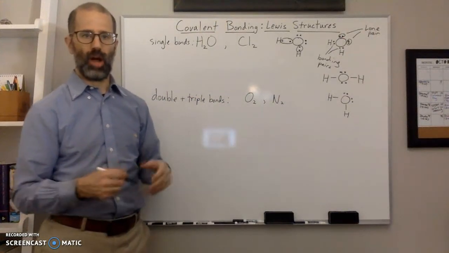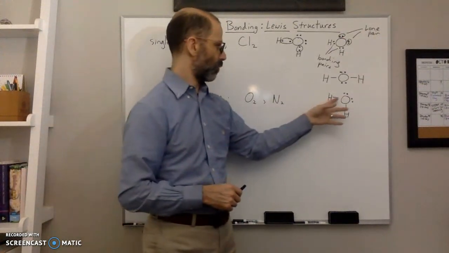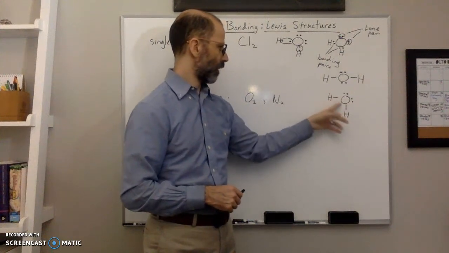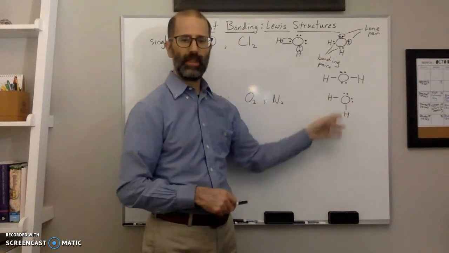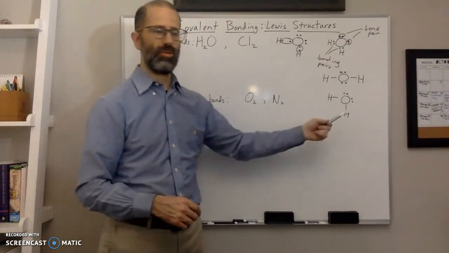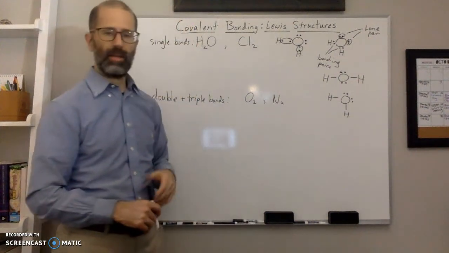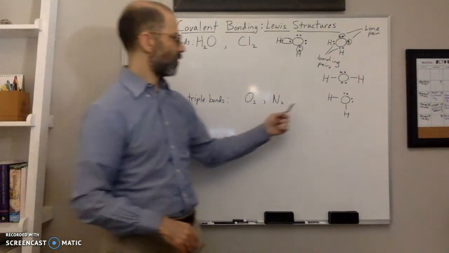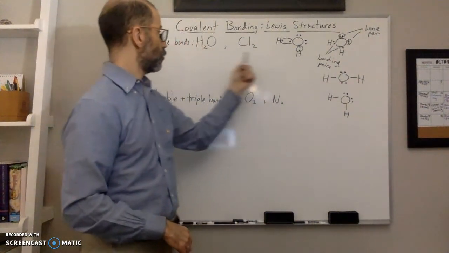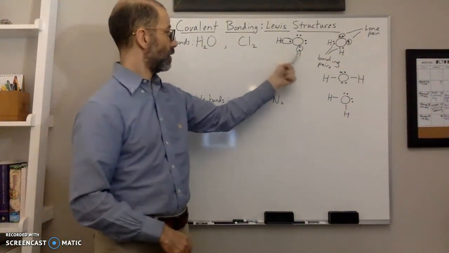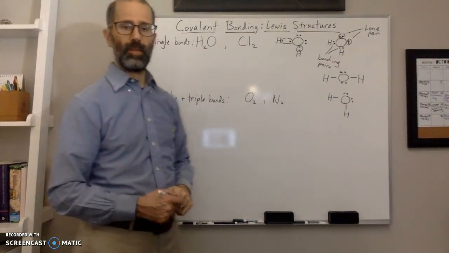It doesn't matter as long as you've got the correct number of dots and the correct number of lines, and everyone's happy with their octet, or a duet if you're talking about hydrogen. This is how you would write the Lewis dot structure using Lewis symbols for your elements.